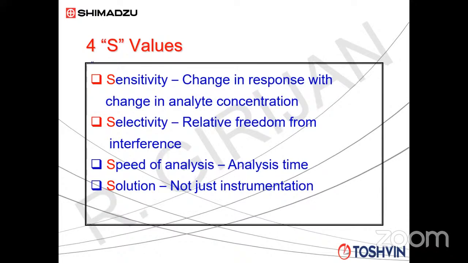So maximum maybe 5 or 6 samples we can complete, because there is a heating process, heating, cooling, all those times you have to take into consideration. So maybe around 6 samples or at the most 7 samples you will be able to complete by the end of the day. But if we can somehow reduce the analysis time from 60 minutes to say 10 minutes, that means instead of taking 1 hour, my analysis is getting completed in 10 minutes.